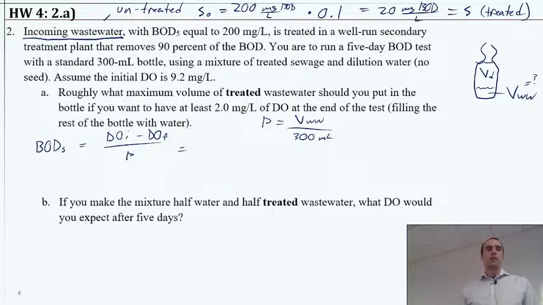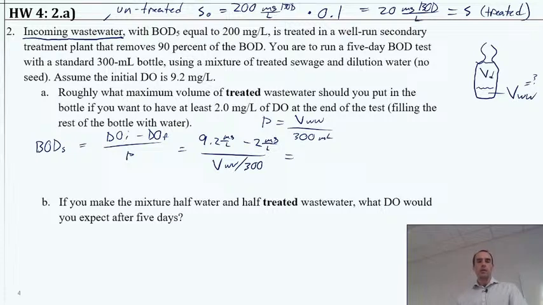The other thing we can consider is that we know something about the initial and the final. So our initial is 9.2 milligrams per liter, and we need at least 2 as the final. So we can go ahead and put those numbers in and then divide it by this V wastewater over 300. And we already know the BOD because we were told it starts at 200 and we removed 90%, so this should be set equal to 20.